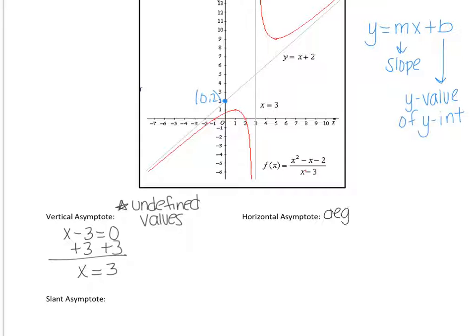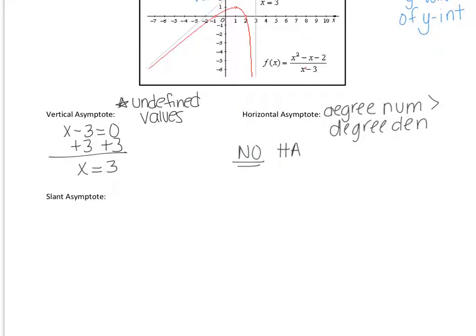Therefore, there is no horizontal asymptote. HA for horizontal asymptote. So that means there must be some other type. There must be a slant asymptote. The way that we find the slant asymptote is through long division. So let's write down we're going to use long division.